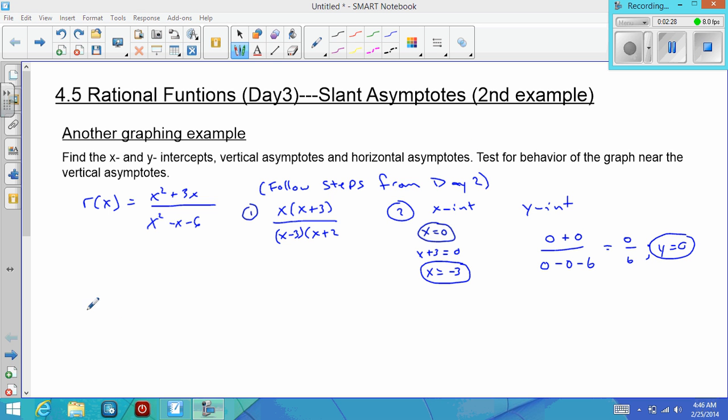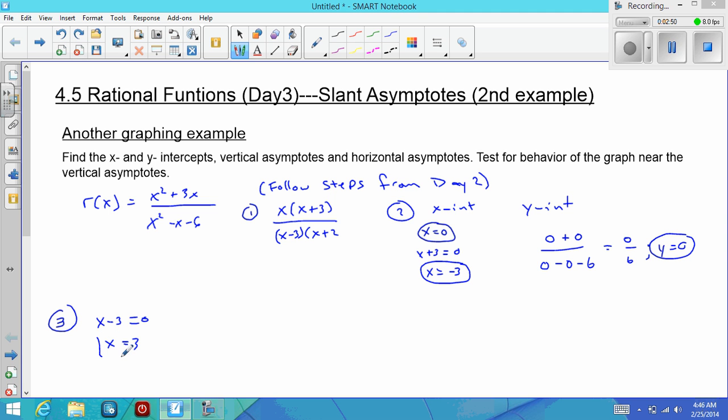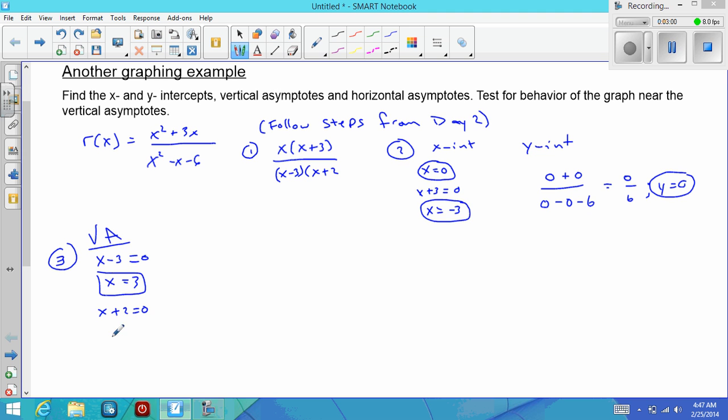And now on to step 3. Step 3 is finding the vertical asymptote, or multiple. And to do that, we set the denominator equal to 0. So we would get x minus 3 equals 0, and get x equals 3. This is a vertical asymptote. We would also set x plus 2 equal to 0, and get x equals negative 2.